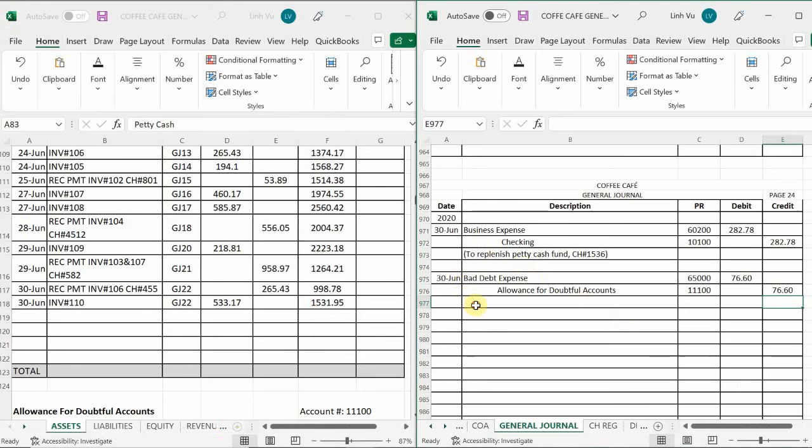And do we just write estimate allowance for doubtful accounts? Mm-hmm. Okay.